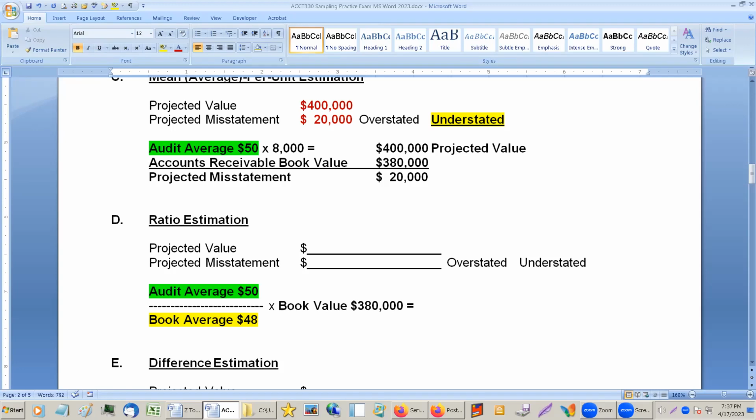I'm going to round off to the nearest dollar, $395,833. Okay, I think that's it. So this will be our projected misstatement.